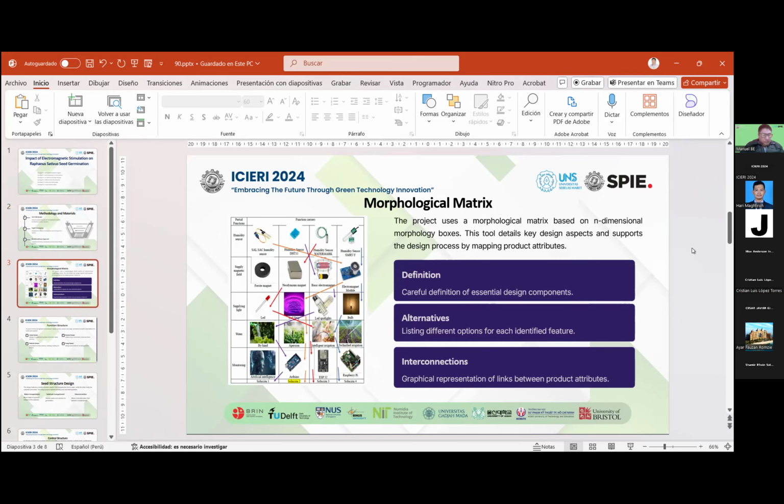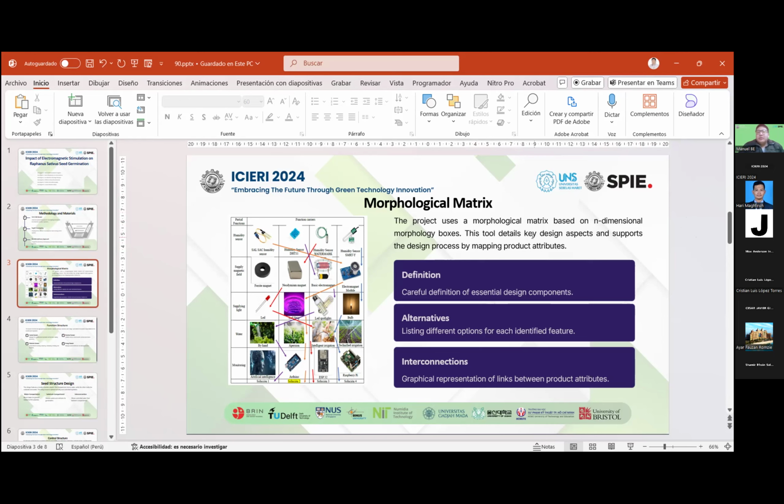Morphological matrix. The generator tool is a detailed description of the generic morphological matrix, where each aspect is broken down into individual tables showing both the sub-characteristic and the corresponding data source. The project uses morphological matrices based on n-dimensional morphological boxes.